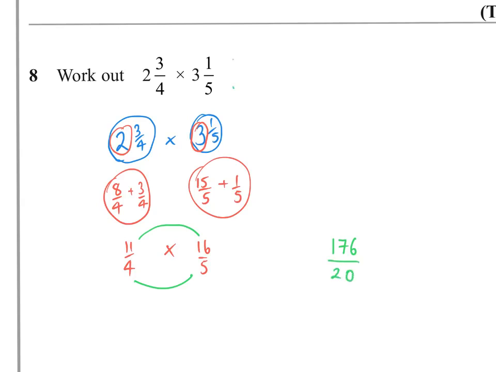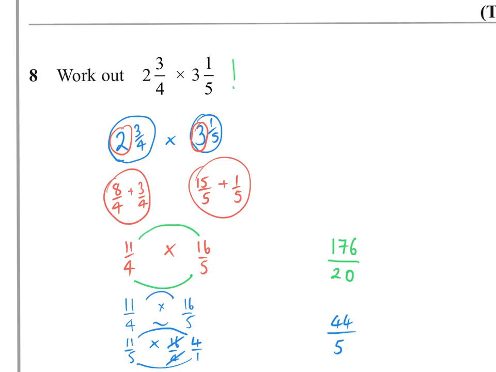It doesn't say give your answer in simplest form, but if it did, then I would suggest you would write this 11/4 times 16/5 as 11/5 times 16/4. It's exactly the same, because when we do multiplication the order doesn't matter, and we can see that 4 into 16 is 4, because 16/4 is 4 whole ones, and that would be the same as having 44 over 5, or 44/5.